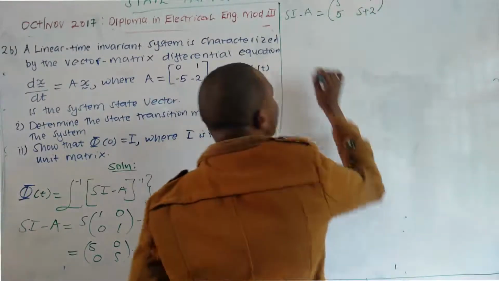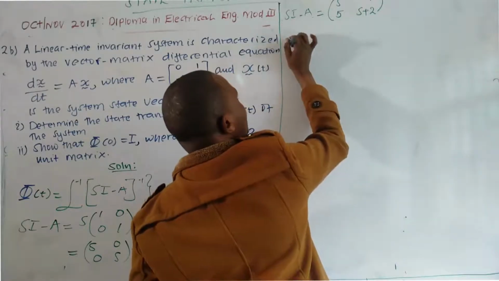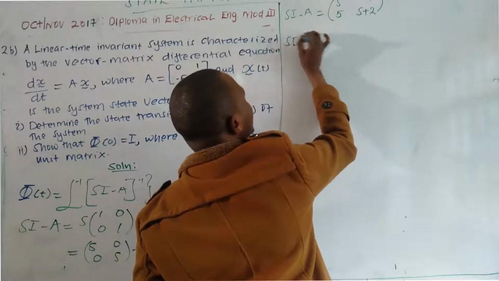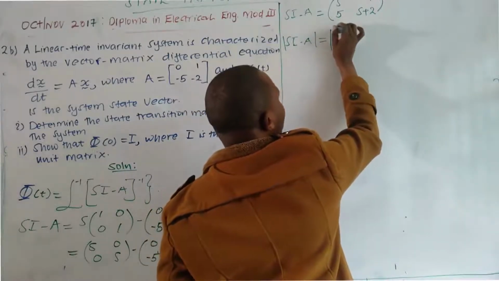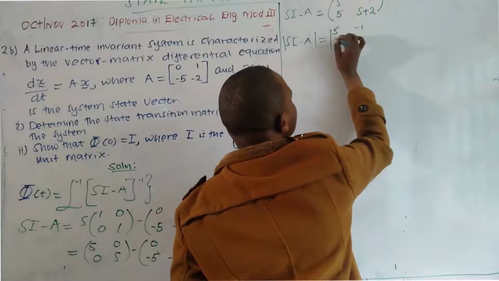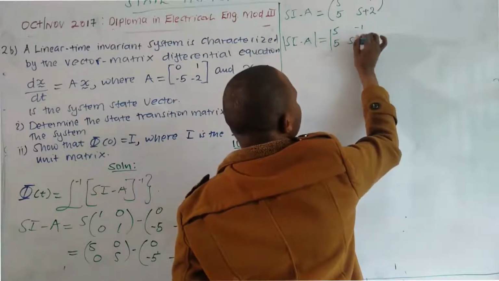The next step is to get the determinant of this matrix, sI minus A. We represent the determinant using those two straight lines.